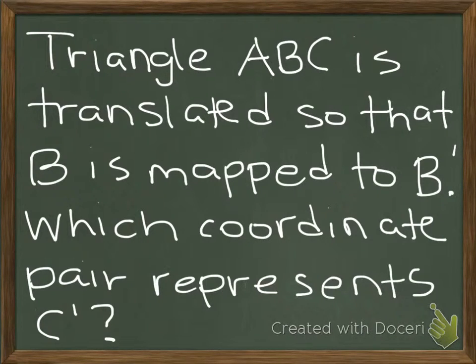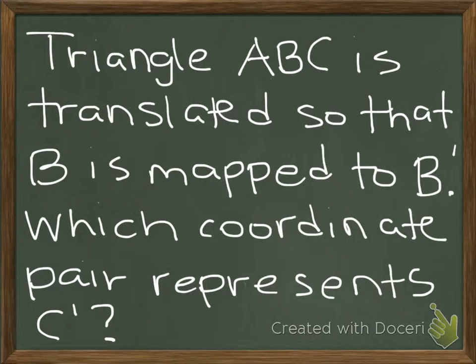Okay, so the first example says triangle ABC is translated so that B is mapped to B with the little dash. B with the little dash means the image that it's making. So after the translation, they put a little dash next to the letter.